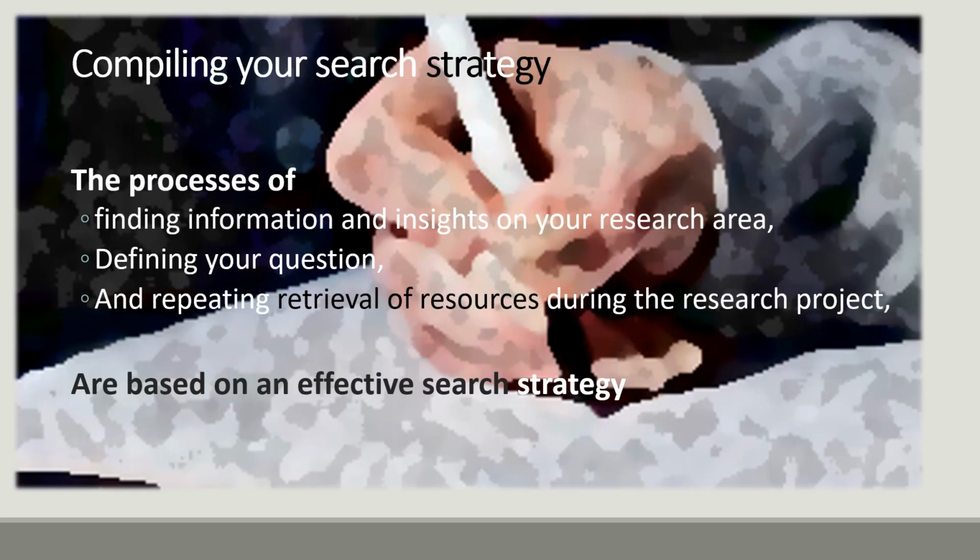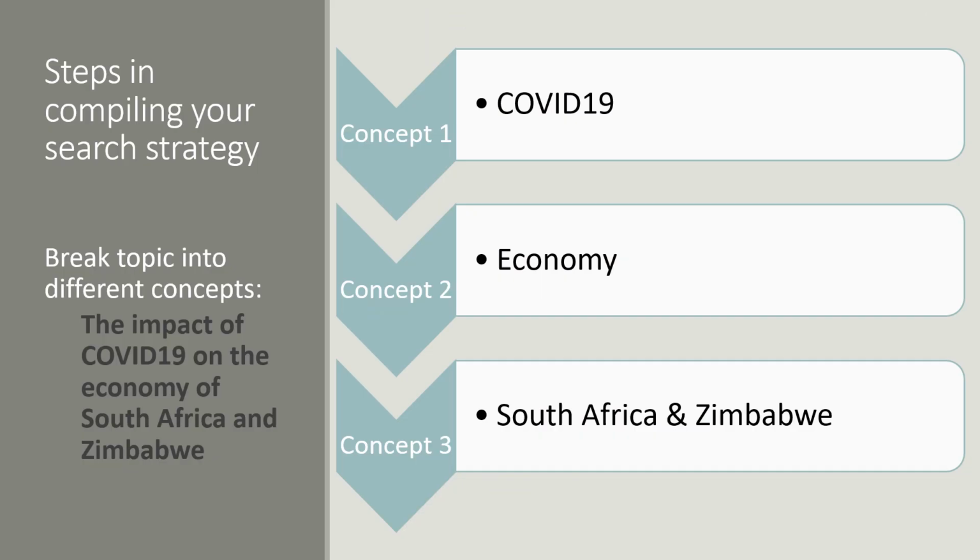As the process to find the relevant resources is such a major activity, we need to delve into the searching concepts and search strategy. The processes of finding information and insights on your research area, defining your question, and repeating retrieval of resources during the research project are based on an effective search strategy.